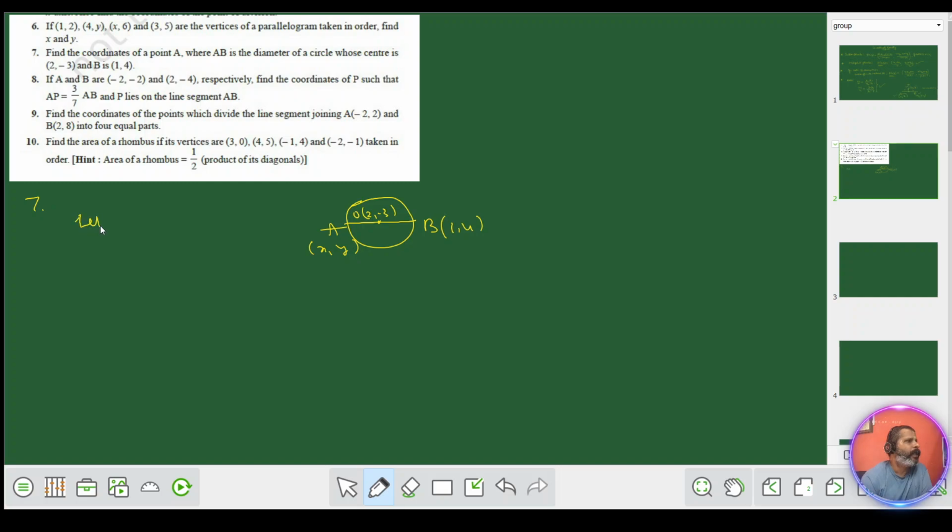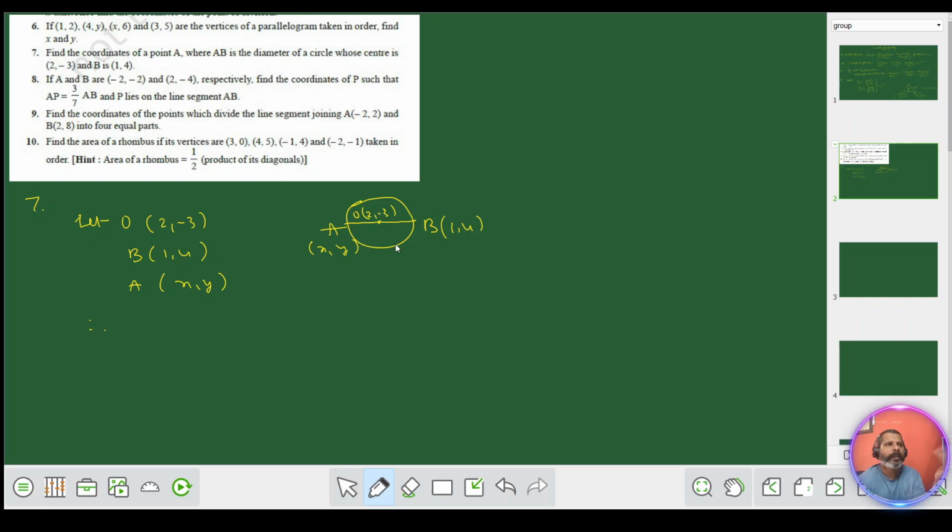So we'll say let O be (2, -3), B be (1, 4). A we don't know, A will be (x, y). What is the concept here? O is the midpoint of AB.